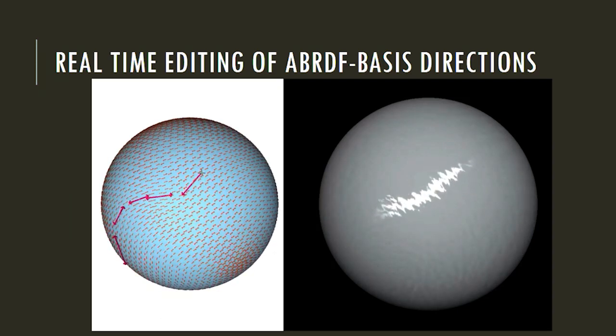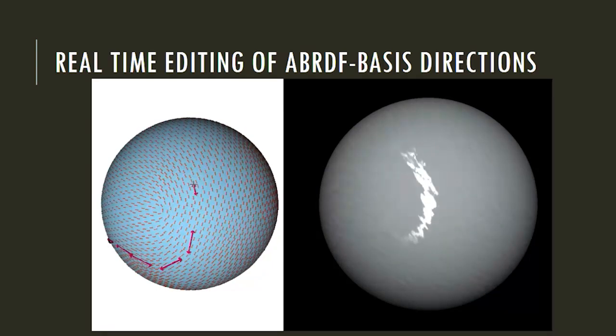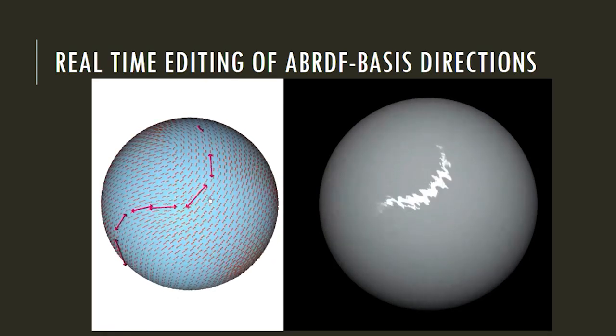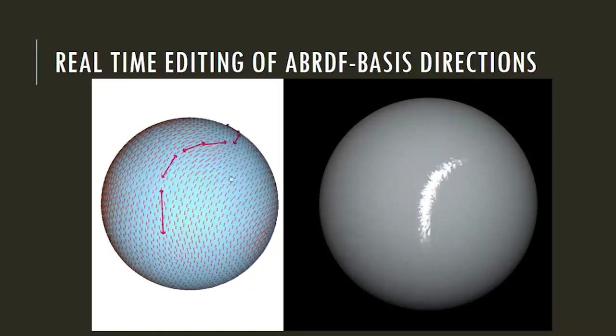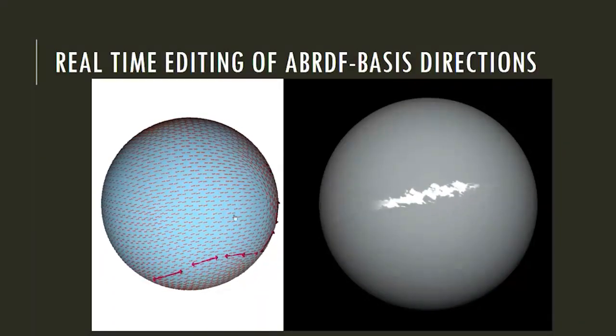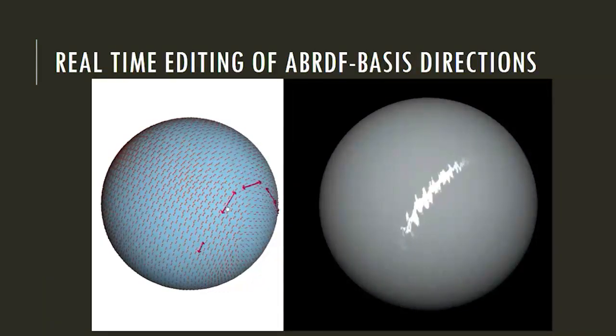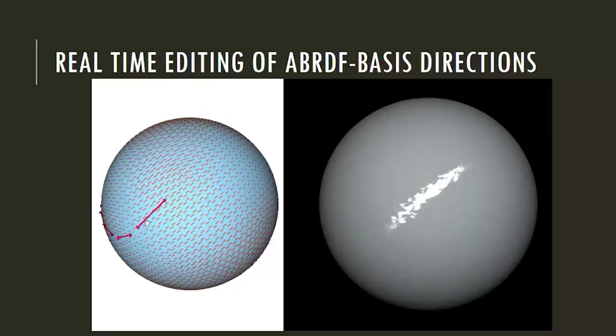And if this happens in an anisotropic way, we get these very interesting reflectance patterns, and these can now be designed using our tool in real time. And since the field is globally smooth, we fill the field in the places where we did not edit anything in the smoothest way.